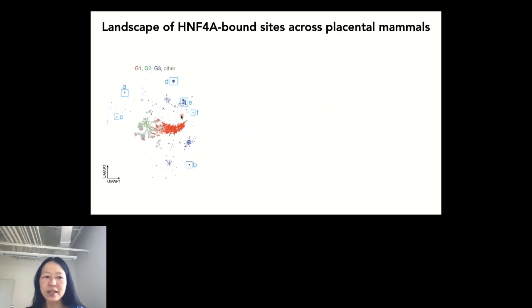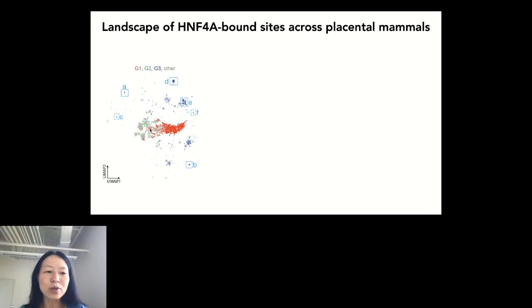Here is the same UMAP presentation for all the sites that are bound by a particular TF, HNF4A, which is the liver-specific TF. And you can see that now these sites are smaller, I mentioned 7 to 20 nucleotides long, rather than cCREs that are 300 base pairs long.